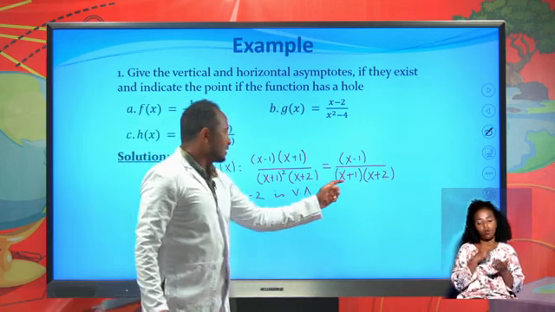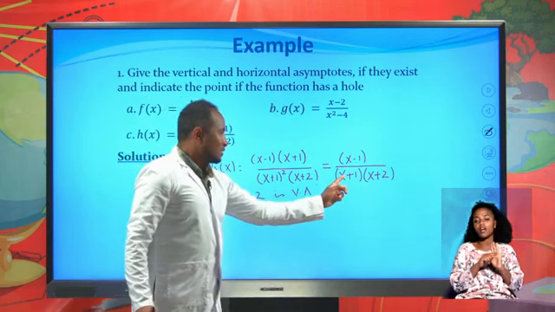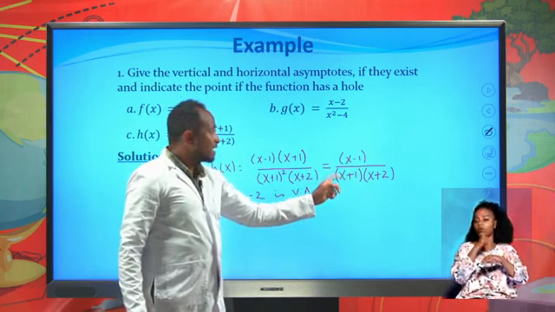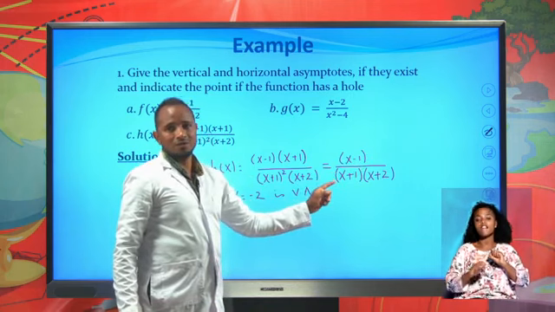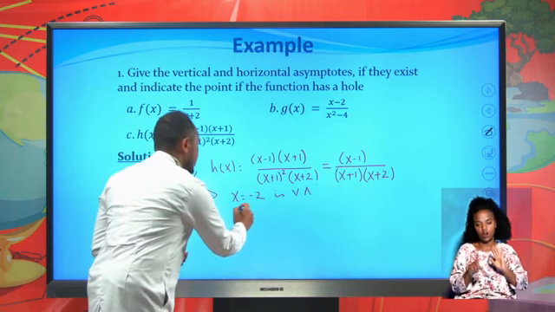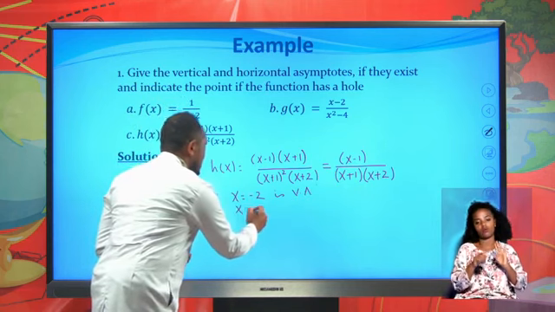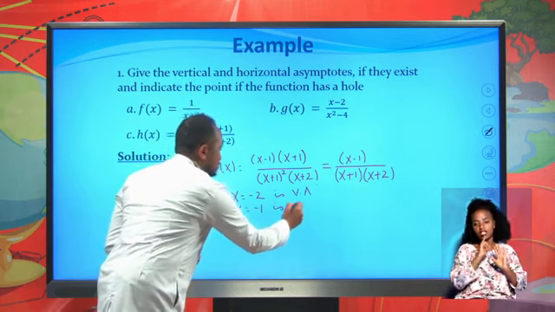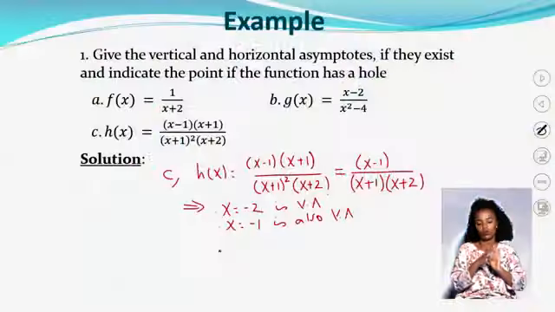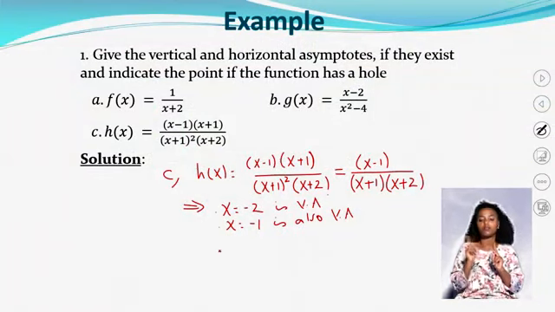Again, minus 1 makes the denominator 0 but not the numerator. Therefore, the function has a vertical asymptote at minus 1, not a hole. So not only x equals minus 2, x equals negative 1 is also a vertical asymptote.